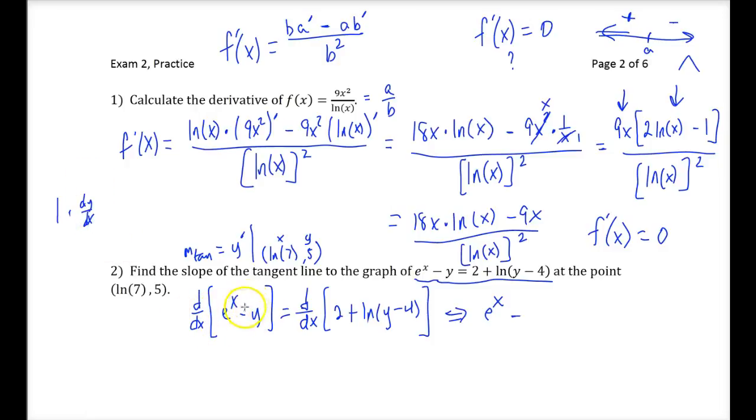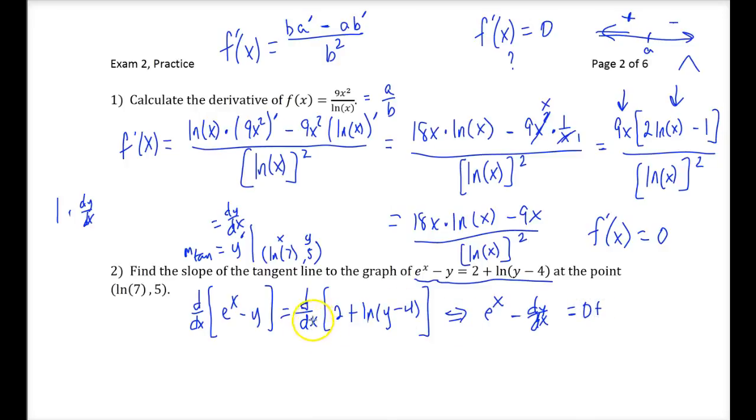But in this case, since y prime is what dy over dx is, we will just call this dy over dx and leave it like that. On the left side, of course, the derivative of any constant is 0.